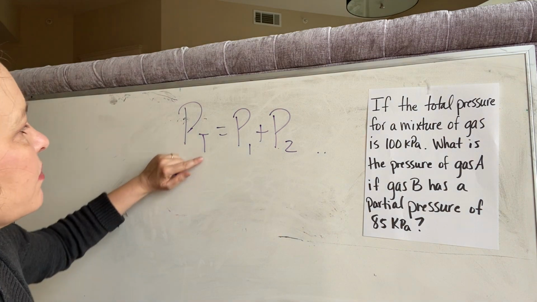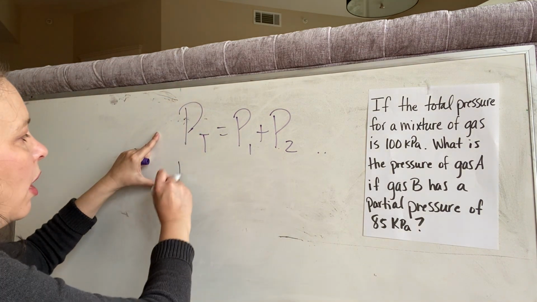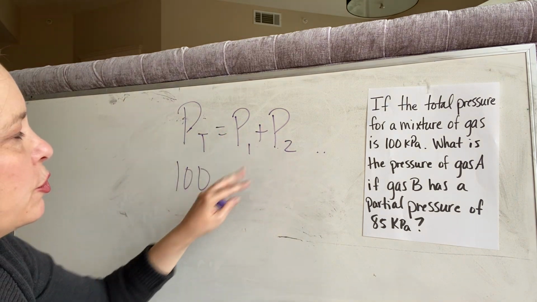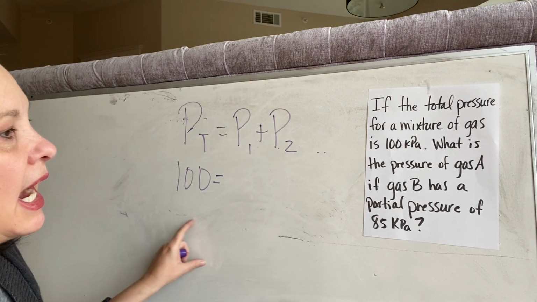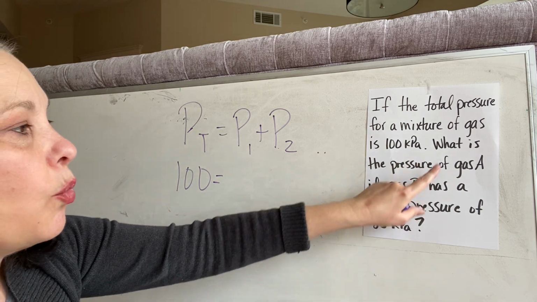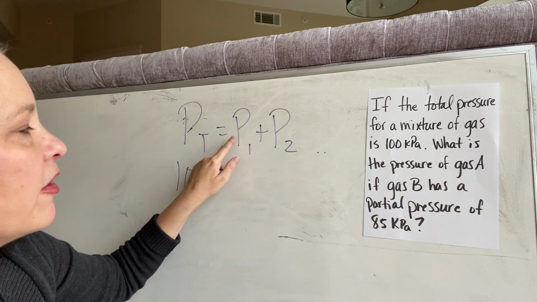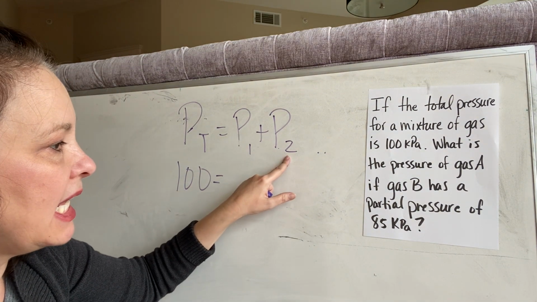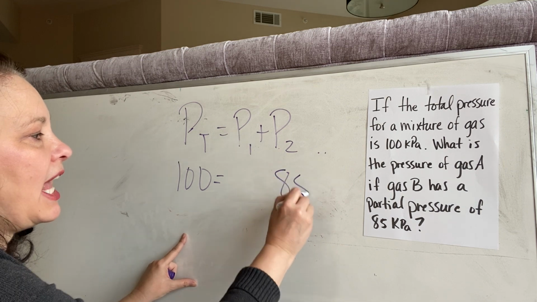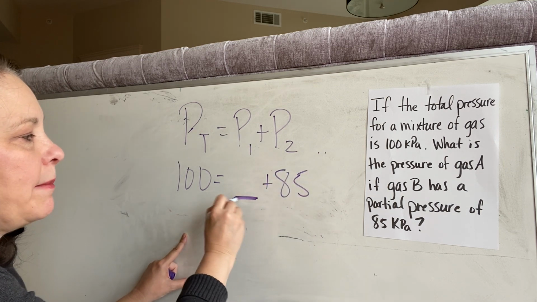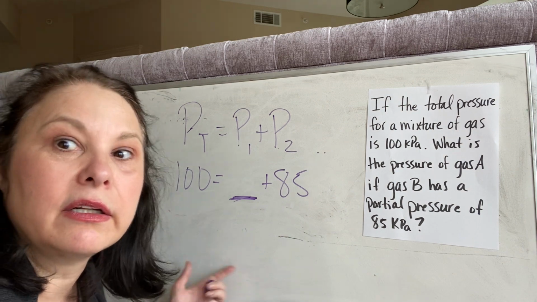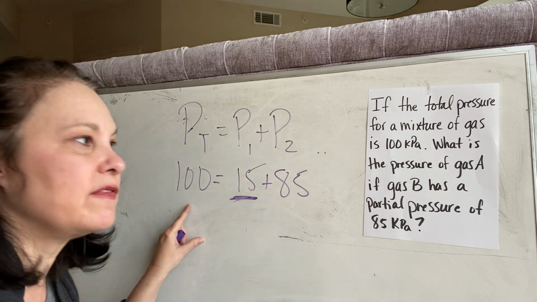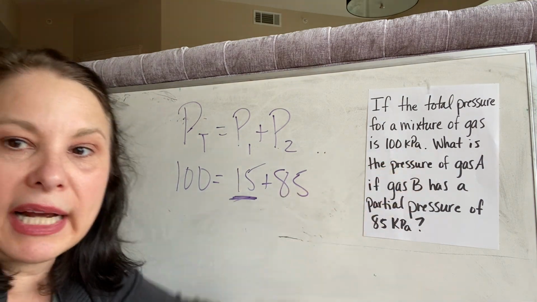So it says if the total pressure is 100, so I'm giving you the total, what the sum of those 2 would be is 100. I say, what is the pressure of the first gas, or gas A, if gas B has a pressure of 85? So basically, what is that missing other gas? Duh. What do you have to put here to get to 100? 15. And that is kilopascals.